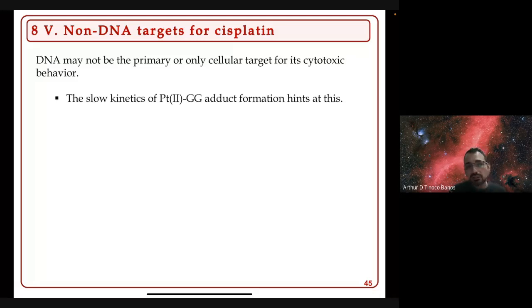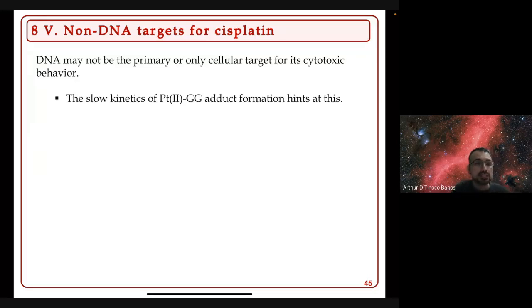There is some speculation about this, especially when you're focusing on the parent compound cisplatin. Today there are second-generation platinum-2 compounds that have been designed based on cisplatin that have enhanced effect, but still, these drugs have very similar issues. And so DNA may not necessarily be the primary or the only cellular target for its cytotoxic behavior.